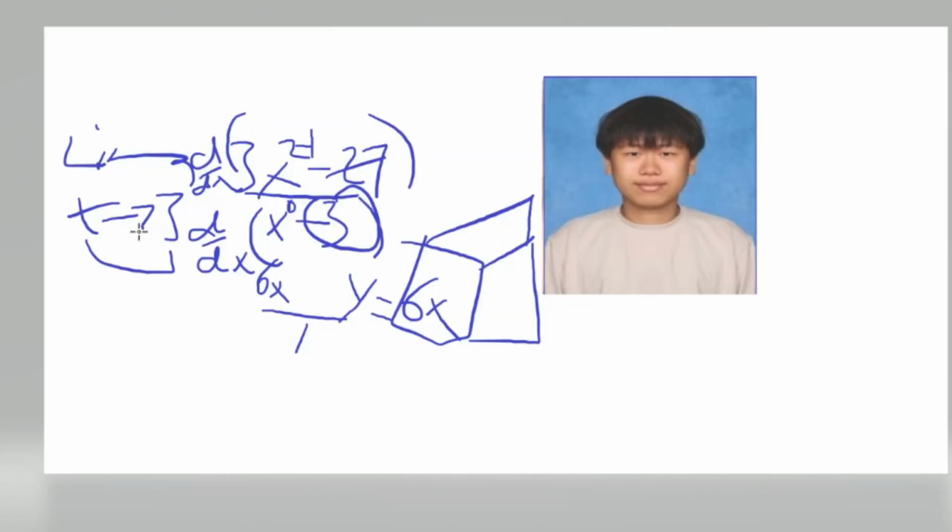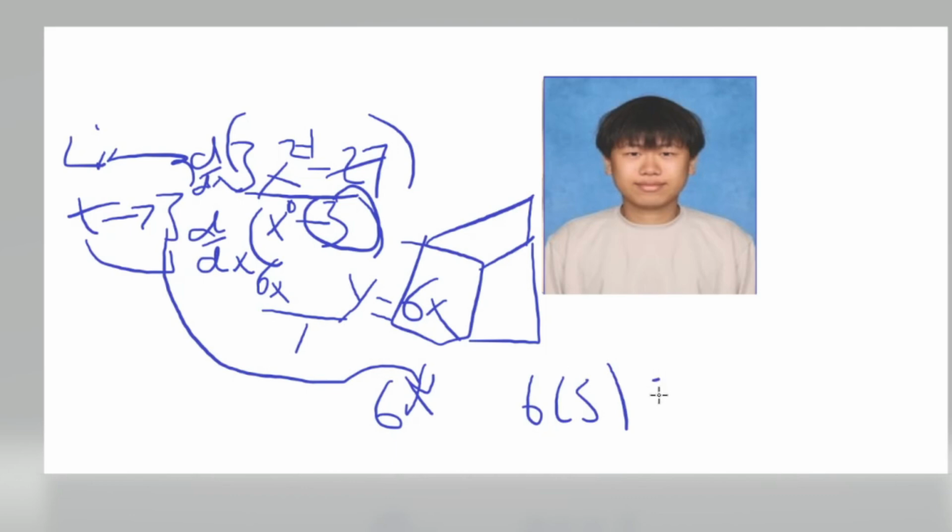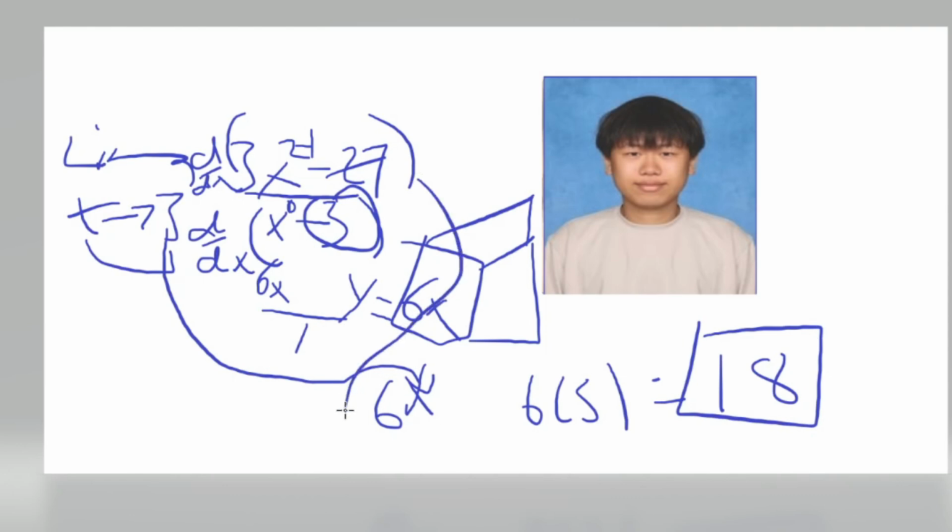Then once you get the derivative of this, you plug 3 back in. You get 3 times 6, which is 18. So the limit of x approaching 3 was 18 because you used L'Hopital right here.